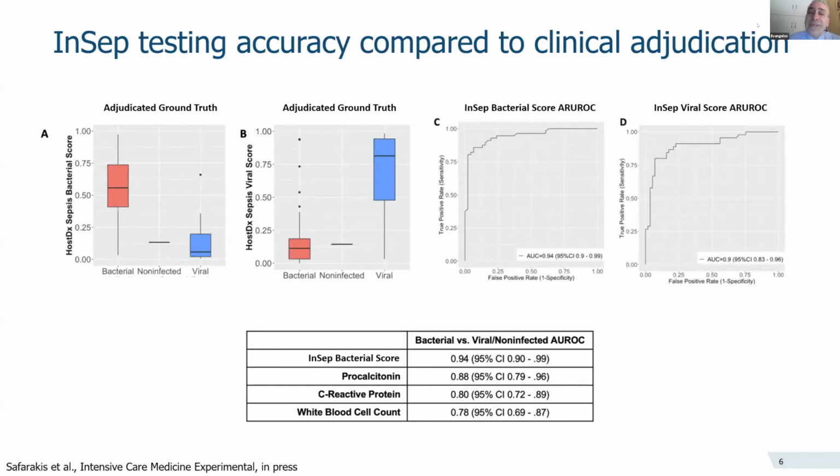If you go to the third panel, you can see the ROC curve that tells us how the score performs in discriminating between bacterial and viral, and you see that the discrimination is almost perfect. However, among these 29 genes, there are genes that score in favor of a viral infection.